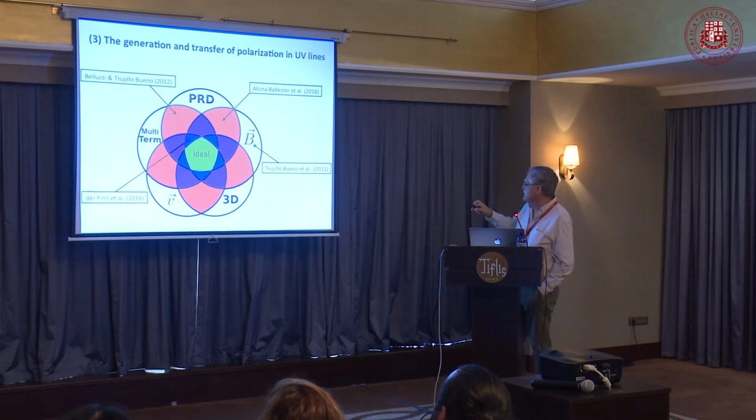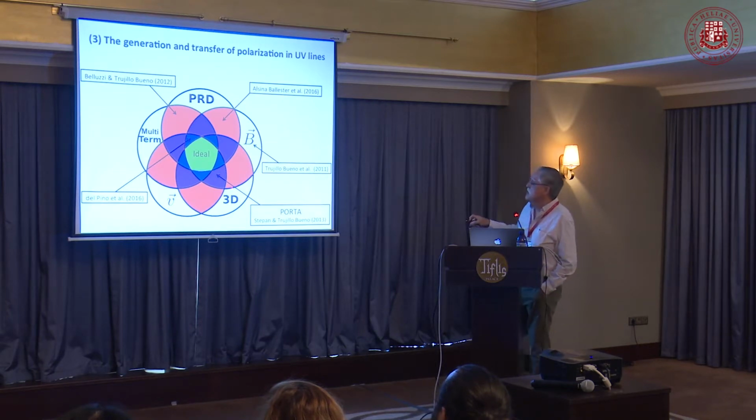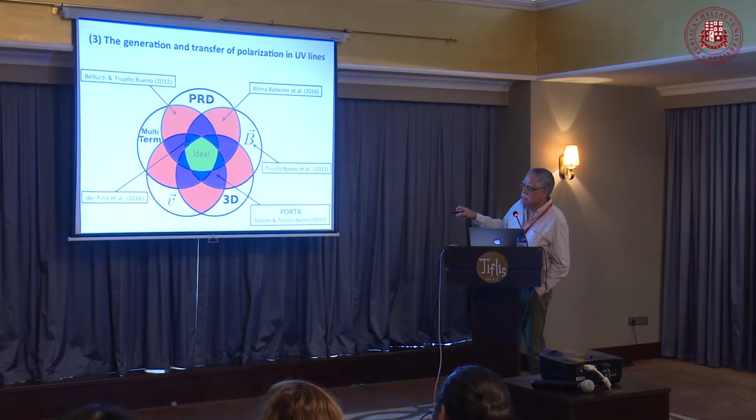And more recently, it has been possible to solve the full problem, but for one-dimensional models, and the 3D problem has been solved neglecting PRD and quantum mechanical interference between the two upper levels. So we hope that within the following 5 years to be able to really solve the full problem in full 3D.